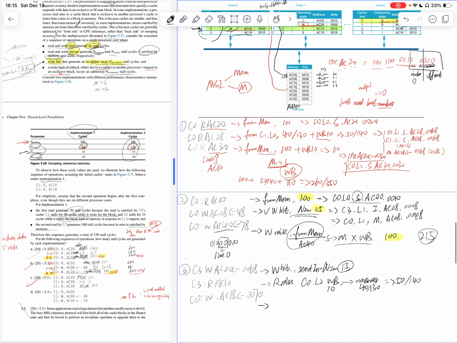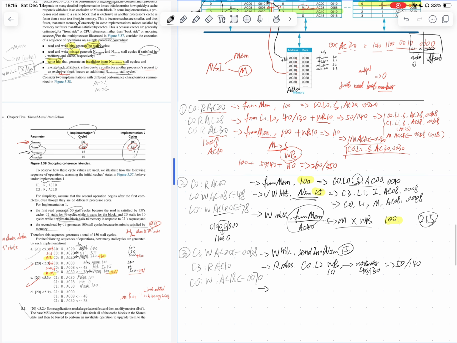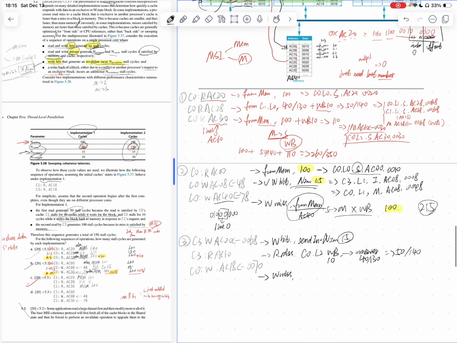So it's a write miss, and although we need to send invalid, the n invalid only happens for a write hit, and we are a write miss now, so we do not have the n invalid.